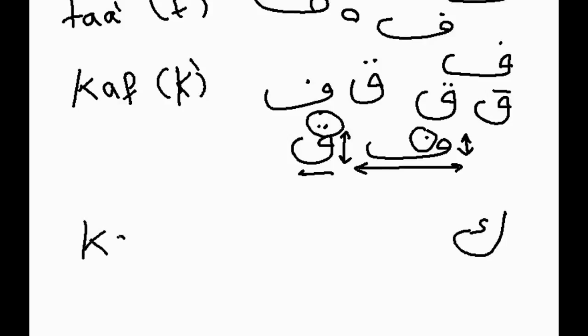The next letter is kaf. This is the letter K, and it's pronounced as K, totally different from qaf.